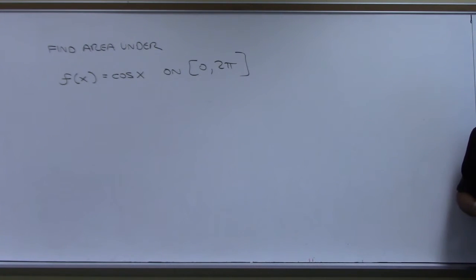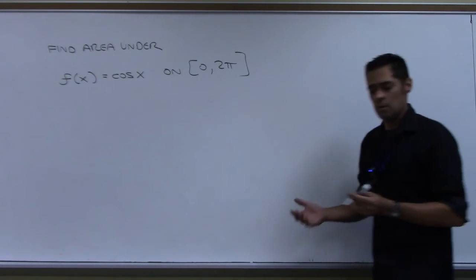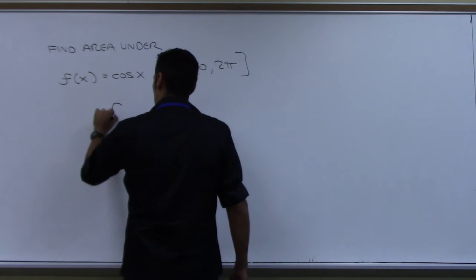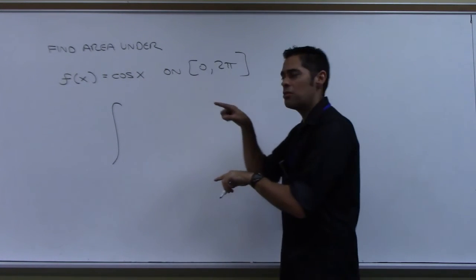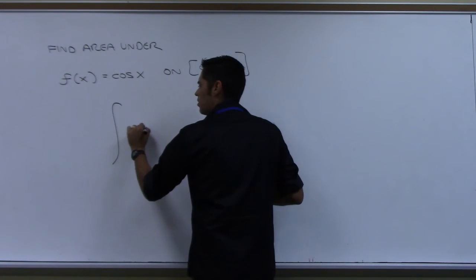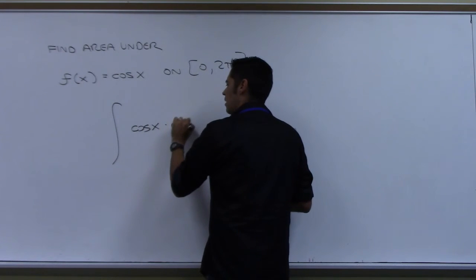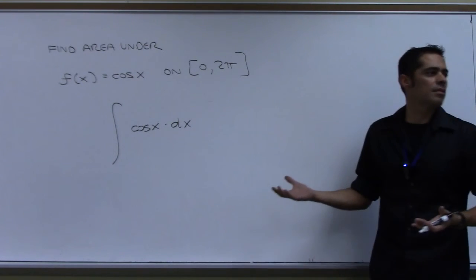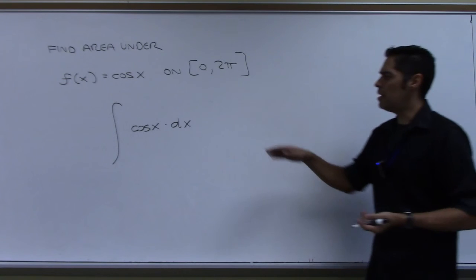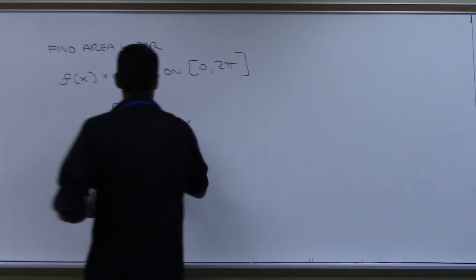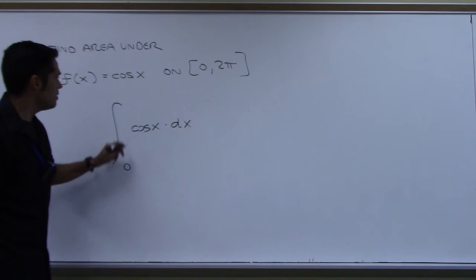All right, find the area under the curve. So that means I need to set up an integral, and the height of each of the rectangles should be cosine x, the function, times dx. So dx is always going to be there because the width is always going to be dx. What are the numbers I put here? 0 and 2 pi.